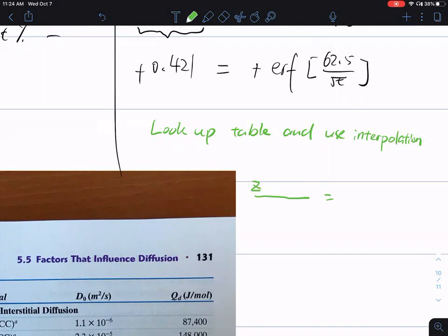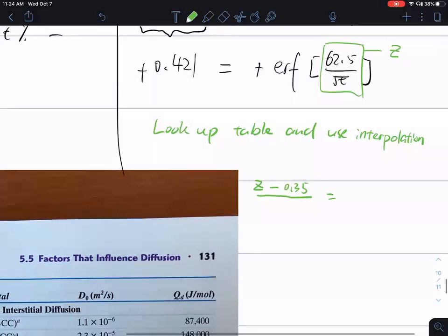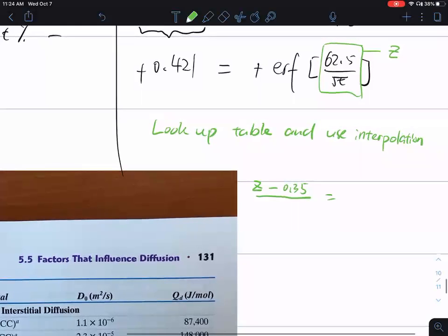Let's assume this is our value z, an unknown we're looking for. So z minus the smaller number, which is 0.35 on that table, on the top. On the bottom, we have the larger number, 0.4 minus 0.35.